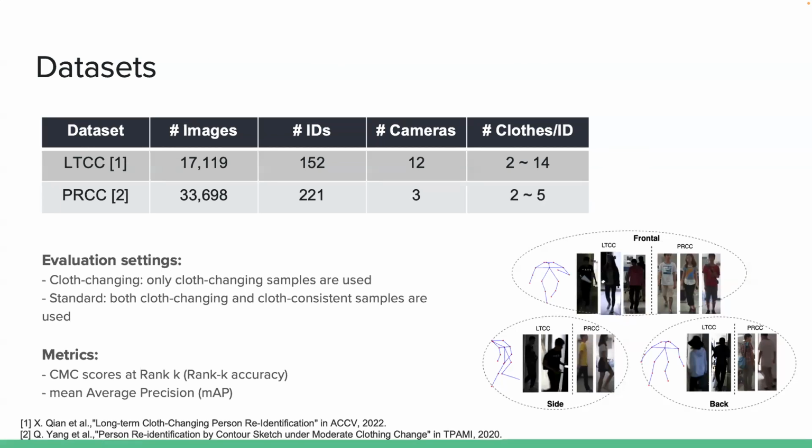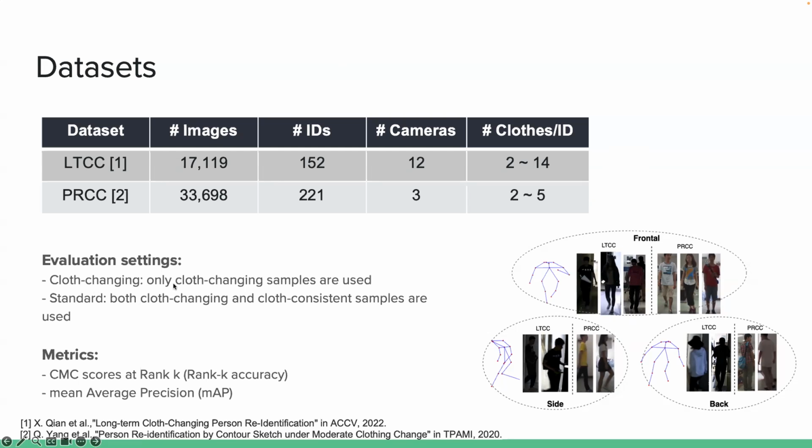To evaluate the performance of our framework, we use two long-term person re-ID datasets. First is LTCC, and second is PRCC, with some samples from the two datasets illustrated here. We use two evaluation settings.